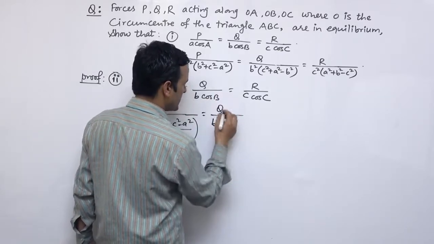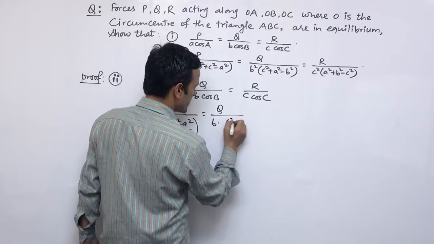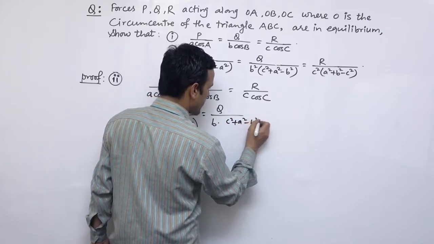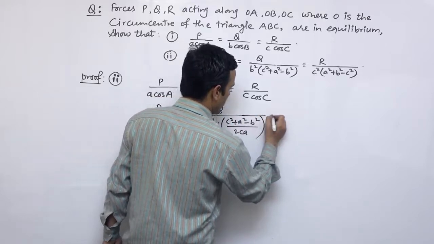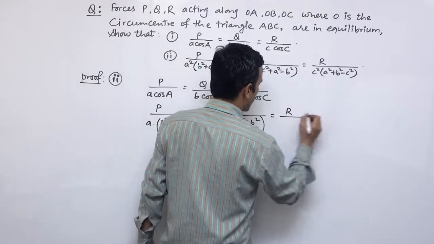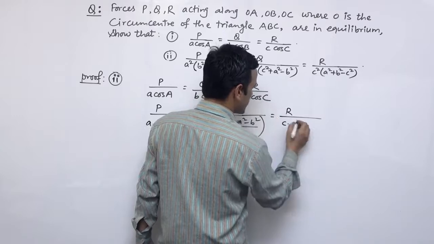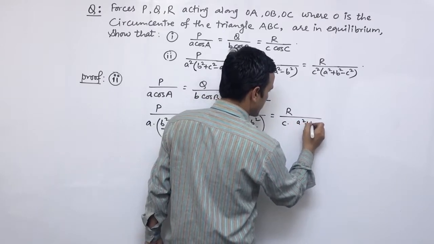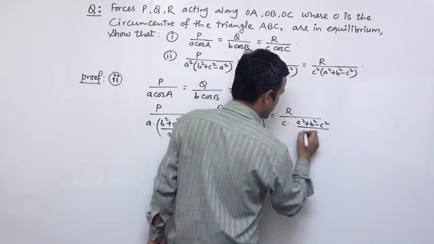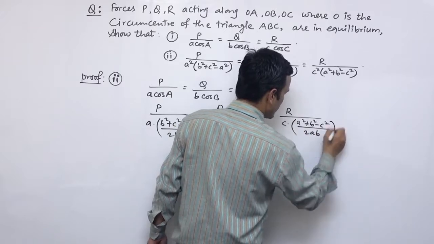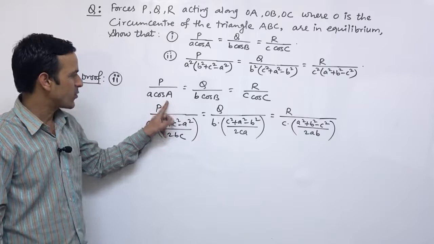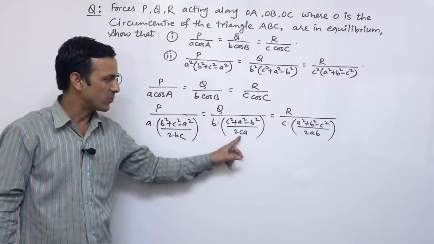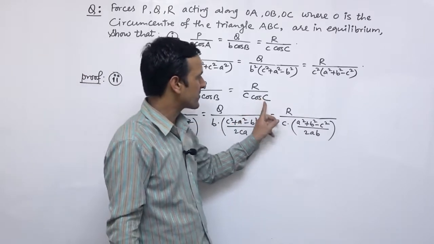B cos B भनेको अब हाम्रो के हुन्छ, C square plus A square minus B square divided by 2CA हुन्छ. It's equal to R upon C. Cos C भनेको हाम्रो के हुन्छ, A square plus B square minus C square divided by 2AB यस्तो हुन्छ.